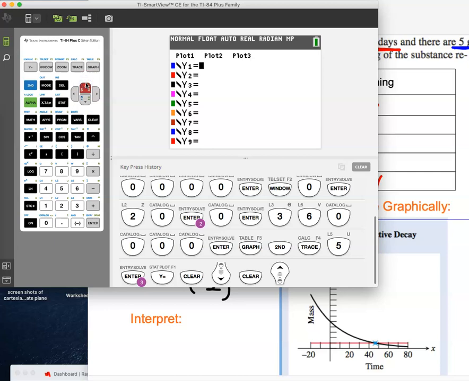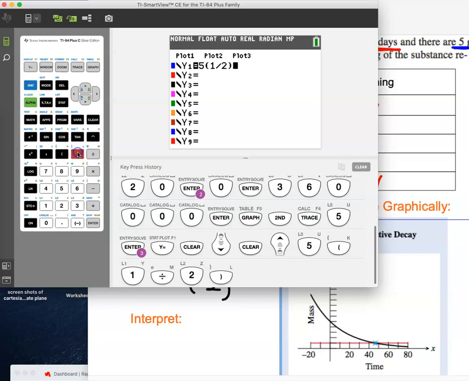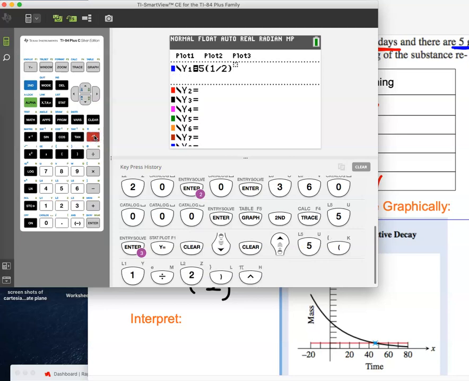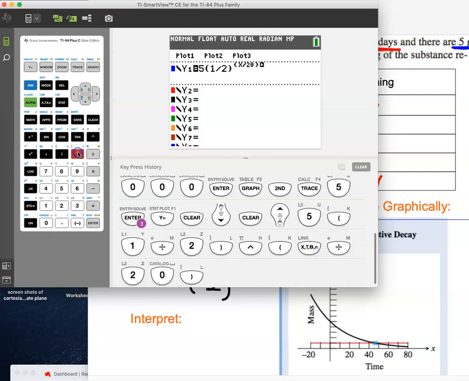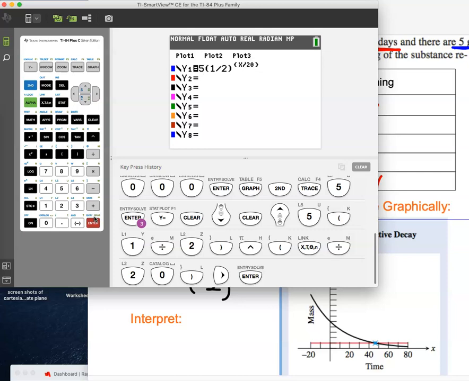So this was our 5 times the quantity 1/2 to the, and then I'll need some parentheses up here, x divided by 20, for our power. We want to know when that is going to hit 1.